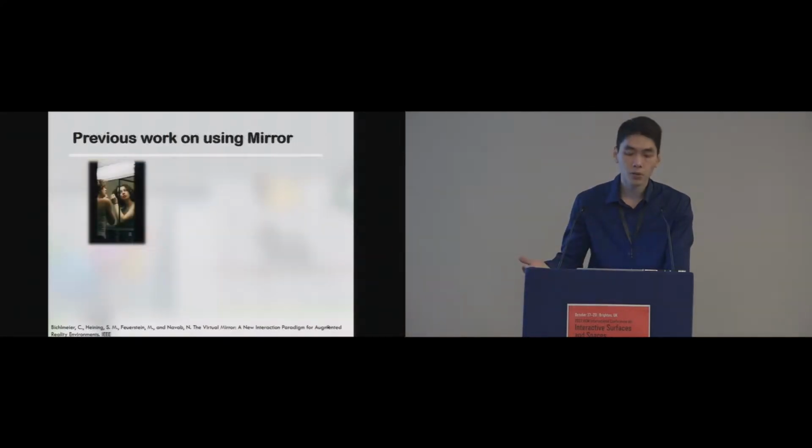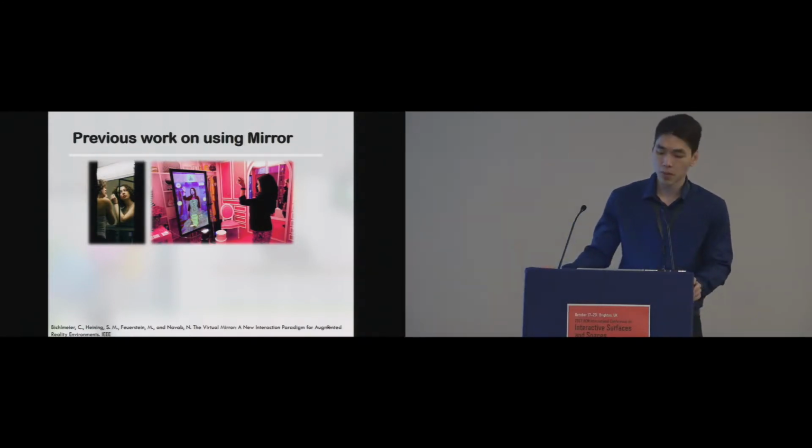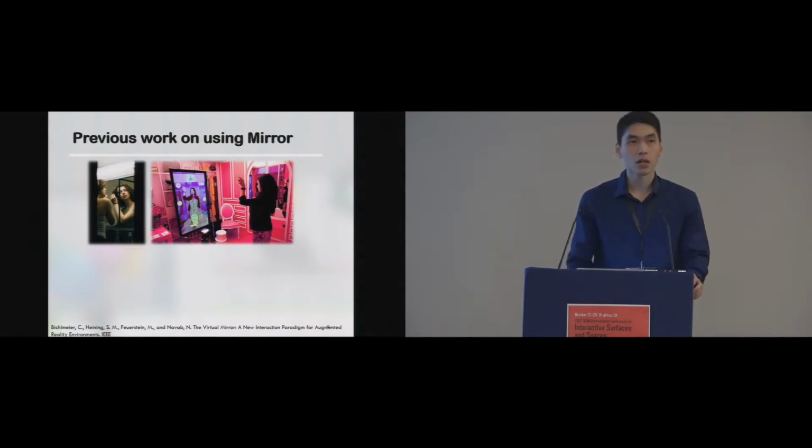But why do we choose the mirror? The mirror is used in our daily life. We interact with objects through the mirror, from simple tasks such as combing our hair to more complicated tasks such as doing makeup. Virtual mirrors are used in commercial and research alike. For instance, a virtual try-on application allows the user to preview clothes on the customer's body through a virtual mirror.